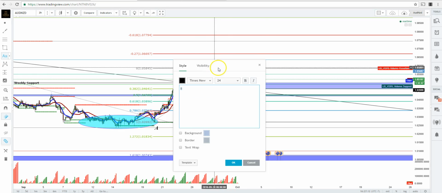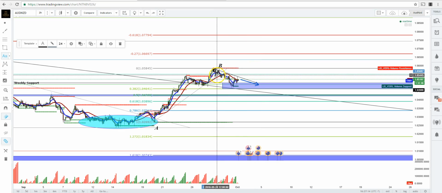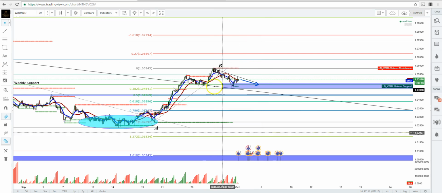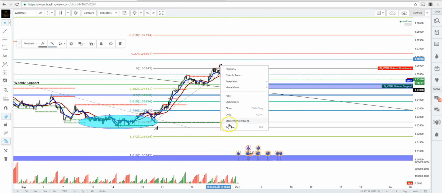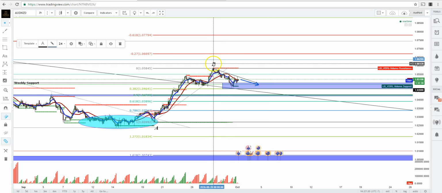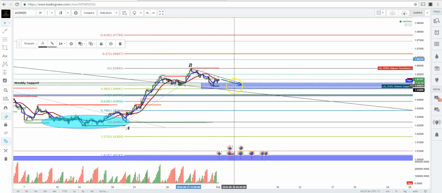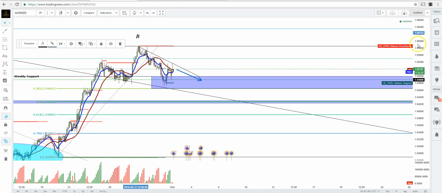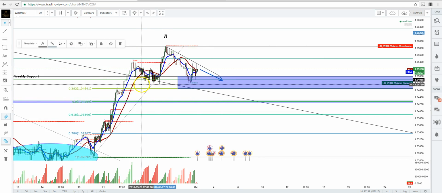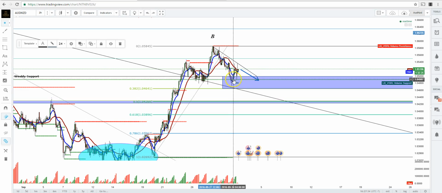So this is my AB leg. My 38.2 retracement is here. As you see, we did wick this a few times, then got a reversal formation in our confluence zone.